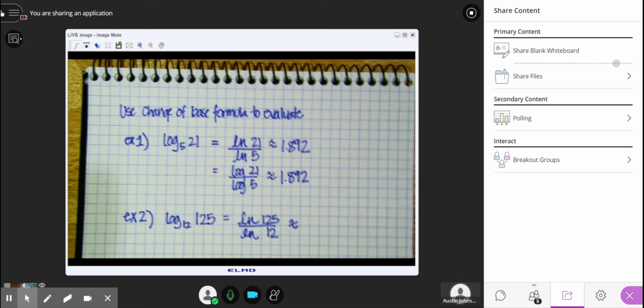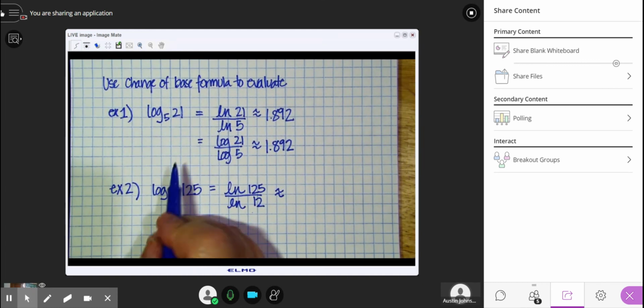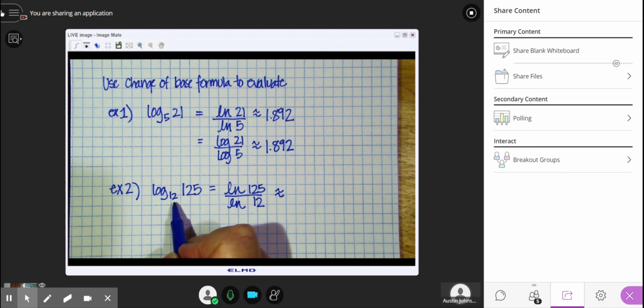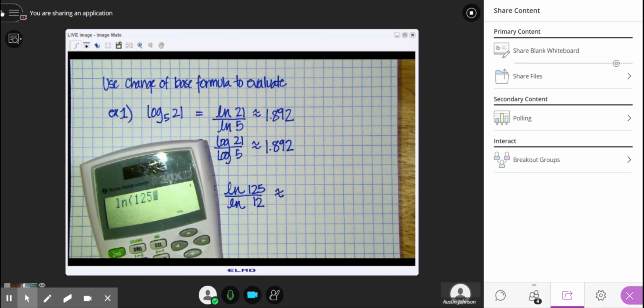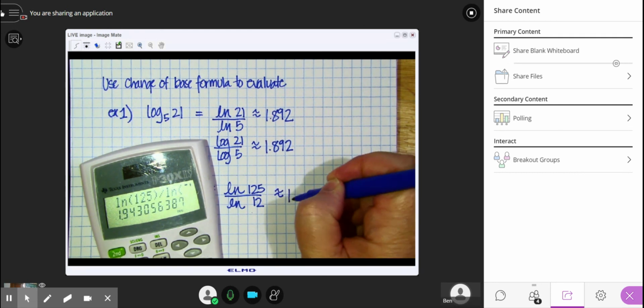And for those of you who may be interested, I know 12 to the first power is 12, and 12 squared is 144. So this log base 12 of 125, again, has to be someplace between 1 and 2. And I'm going to guess a little closer to 2. And get a 1.943.